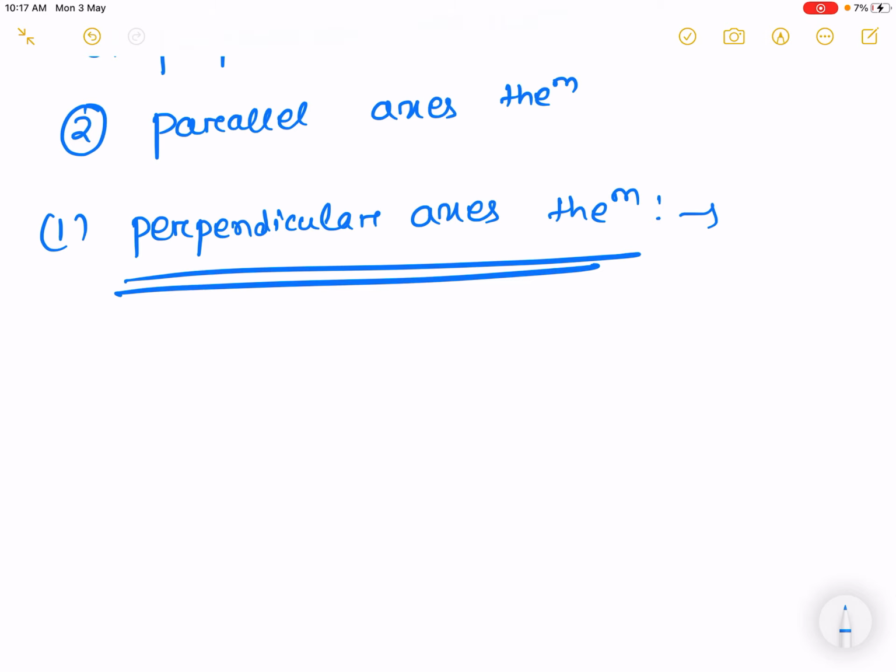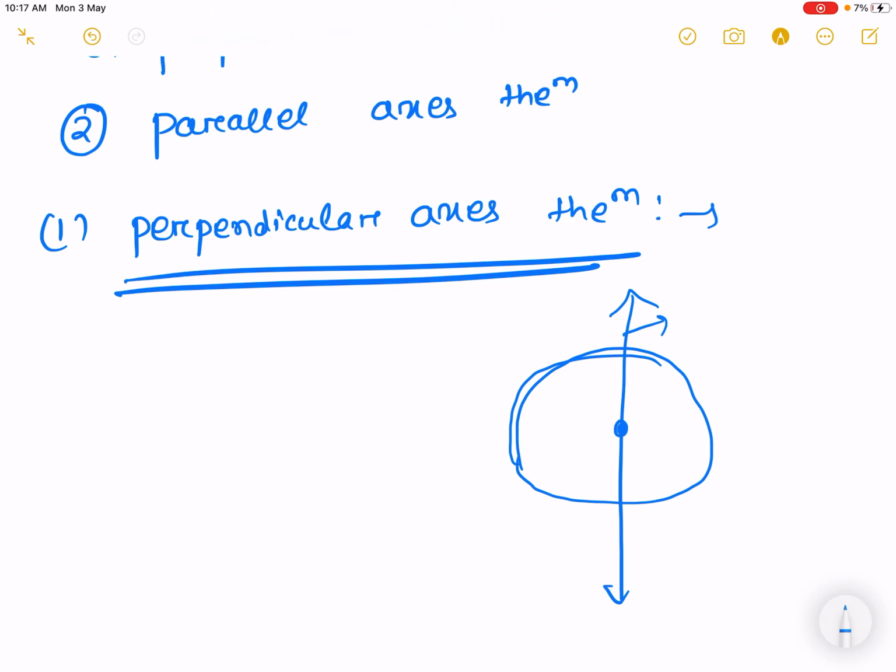Perpendicular axis theorem means if you are taking a rigid body and discussing an axis passing through its center perpendicular to its plane, then we are applying, if this is the axis of rotation, and this is our rigid body, and here the axis is passing through its center and perpendicular to its plane, then we apply the perpendicular axis theorem.